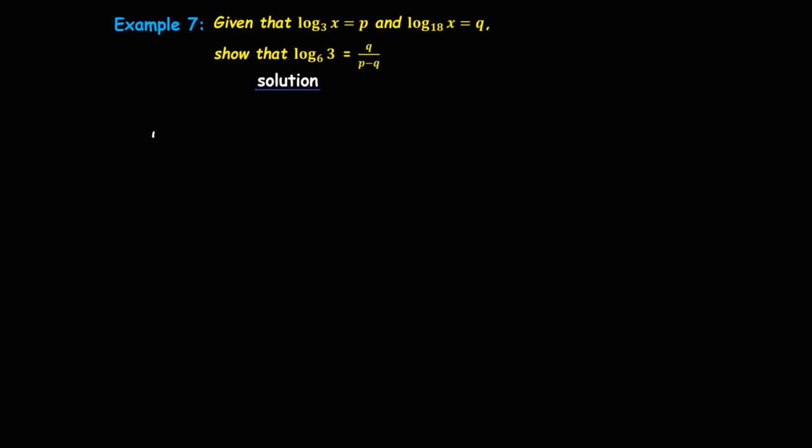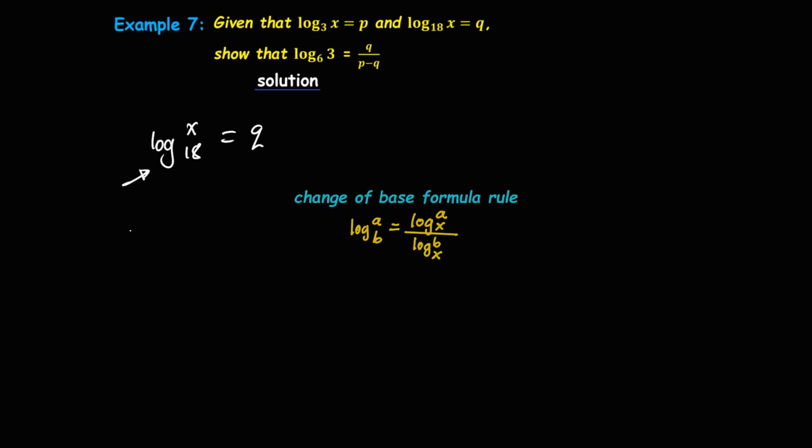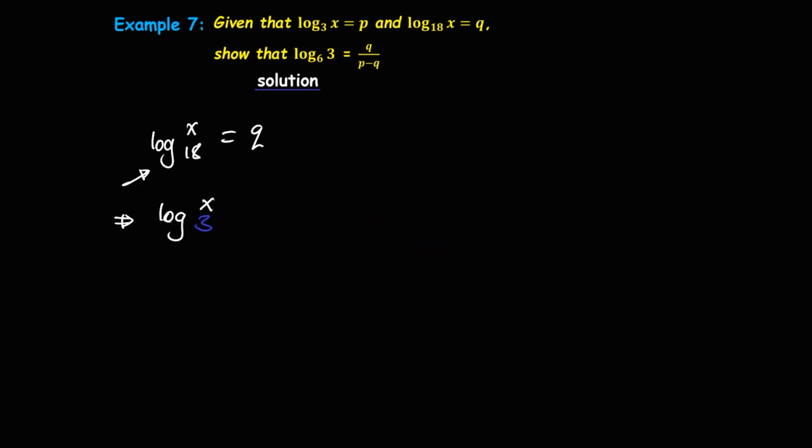From the problem, log of x base 18 equals q, but also log of x base 3 equals p. So using the change of base formula, let's introduce a new base of 3 in this, which will aid in the introduction of p. Using the change of base formula rule, this implies that we have log of x base 3 divided by log of 18 base 3, and this equals q.